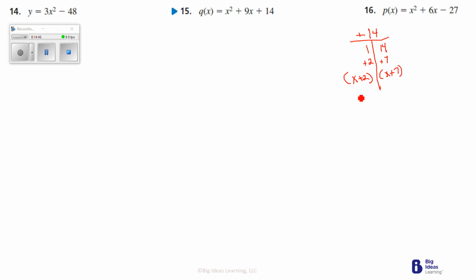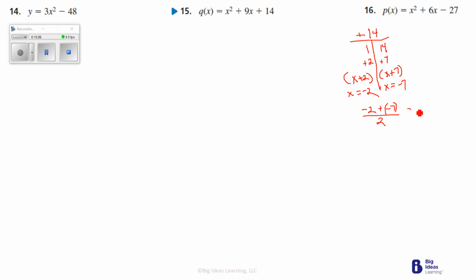All right, now that we have those, we know that x is going to equal negative 2 and x is going to equal negative 7. We're going to take negative 2 plus negative 7 divided by 2.